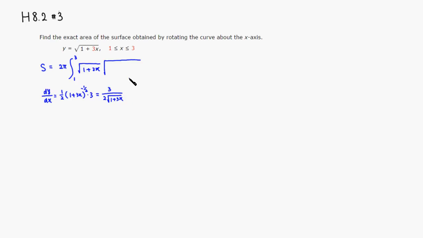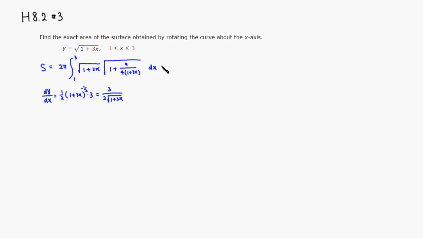So it's going to be 1 plus that guy squared, so dy over dx squared: 3 squared would be 9 over, and the 2 squared is 4, and you have 1 plus 3x. Right? Then we have dx. Let's simplify that.